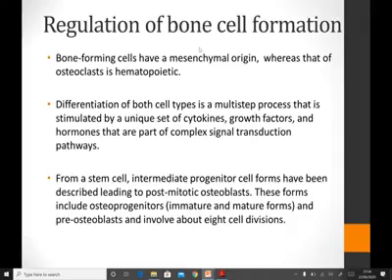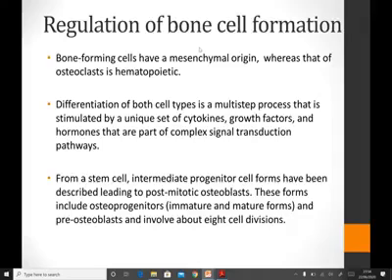So an osteoblast would originate or differentiate from a mesenchymal progenitor, whereas an osteoclast would differentiate from a hematopoietic progenitor. And both these processes are stimulated by certain hormones, growth factors and cytokines.